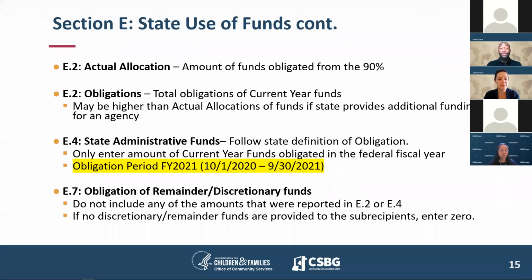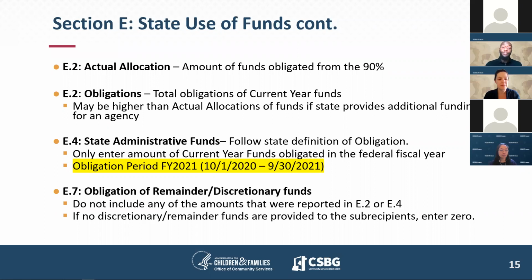In general, we don't have a specific requirement of what constitutes an obligation, so each state has the authority to use their own rules and laws. If the state does not have a definition of what is an obligation, I would go with, has a commitment been made on behalf of the state that the other party has a reasonable expectation that the state would pay an expenditure? But most states have a definition of what constitutes an obligation.